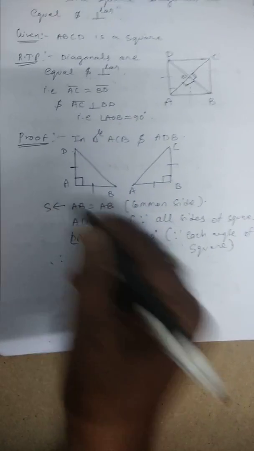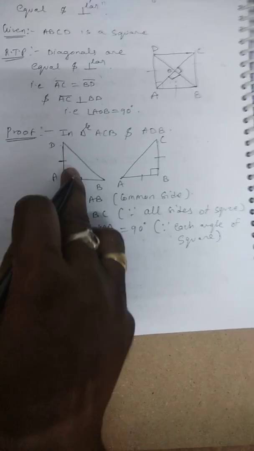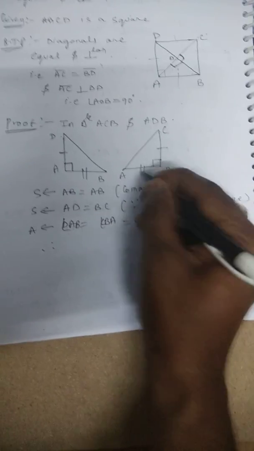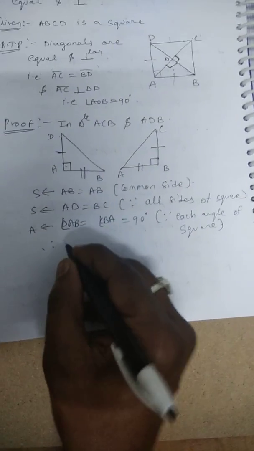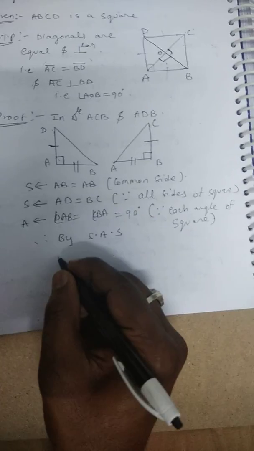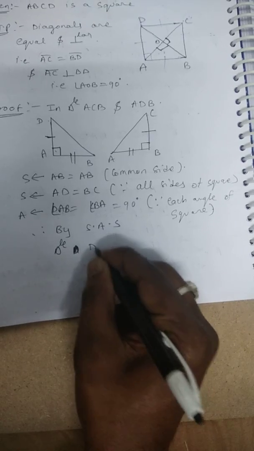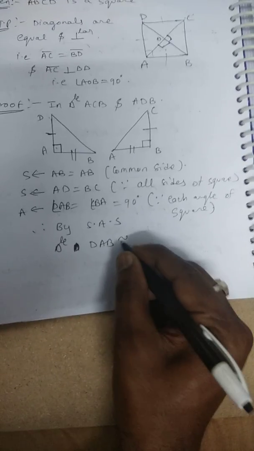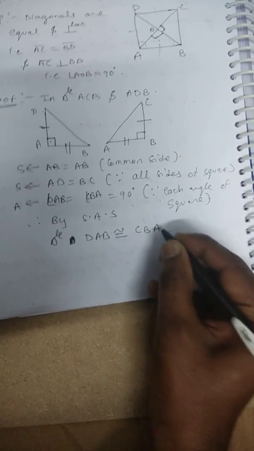Therefore, by the side-angle-side axiom, this side is equal to this side, and this is the angle. So by SAS, triangle DAB is congruent to triangle CBA. These two triangles are congruent.